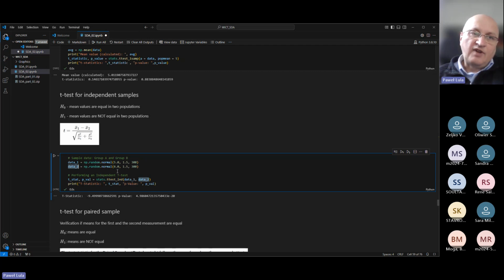Only mean values, location parameters, are different. And we are going to verify our hypothesis that average values in these two countries are equal.